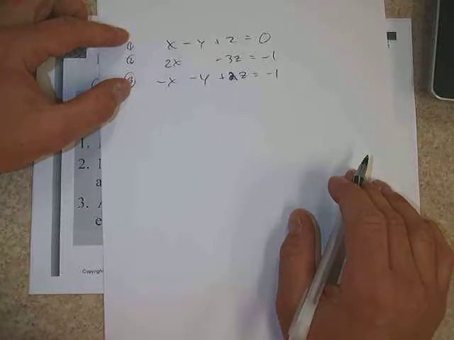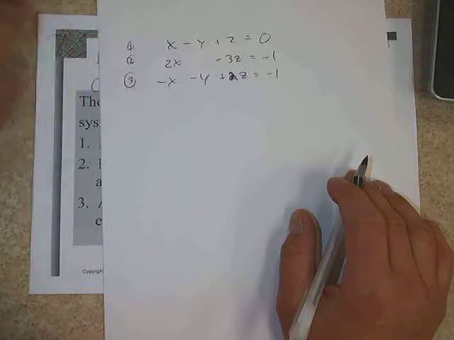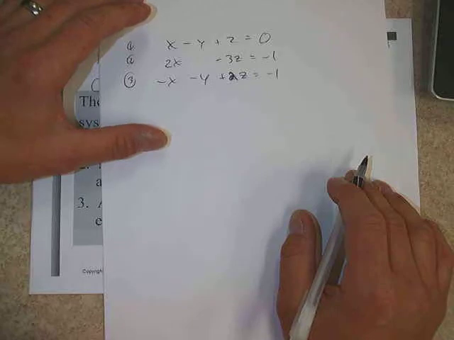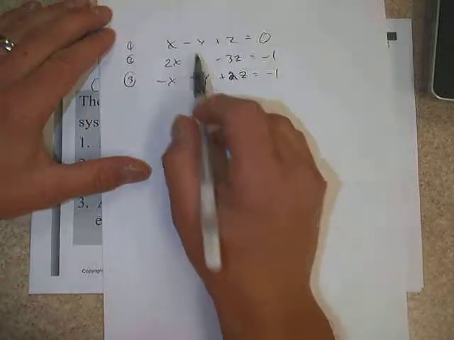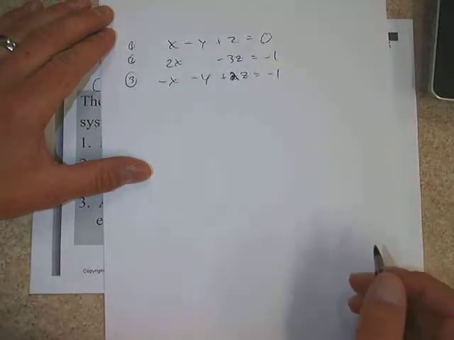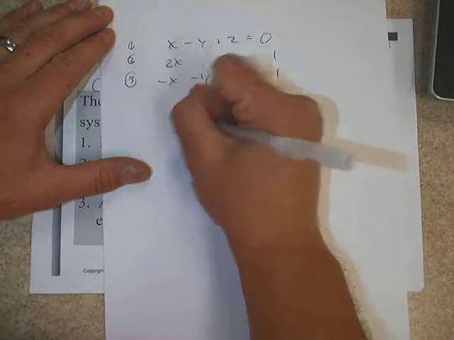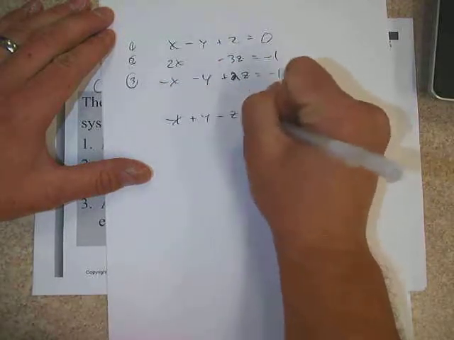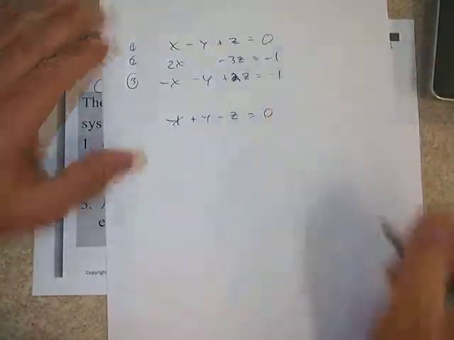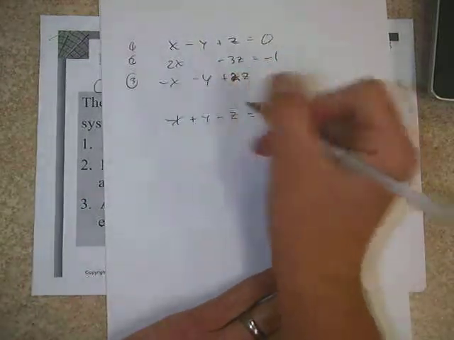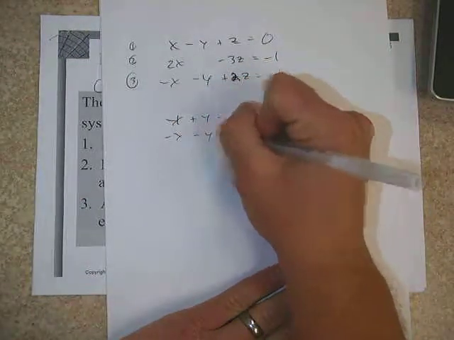True? If I label these 1, 2, and 3, and add 1 and 3 together right now, the x would actually drop out, wouldn't it? Now, do I really want the x to drop out, though? What would be nice is if I could let the y drop out, then I could match up with number 2, and then get rid of either the x or the z.